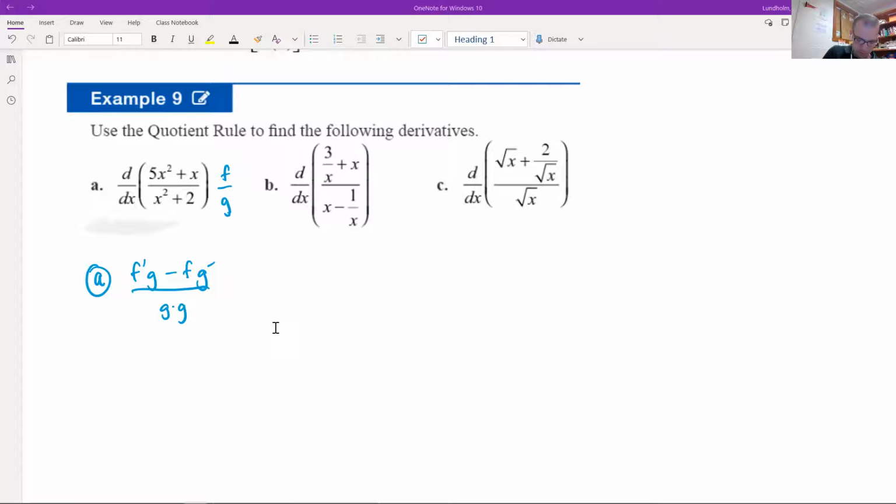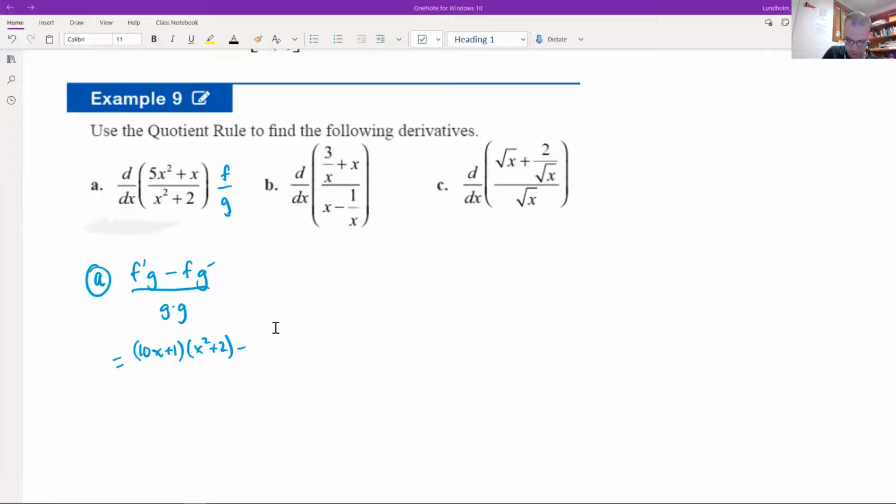And then, filling this out, the derivative of the numerator would be 10x plus 1. The denominator just remains itself, x squared plus 2.